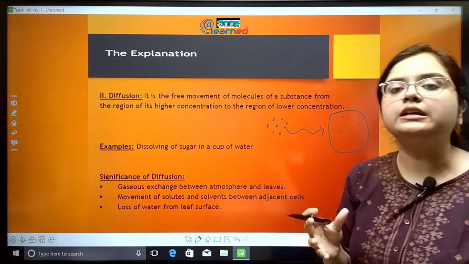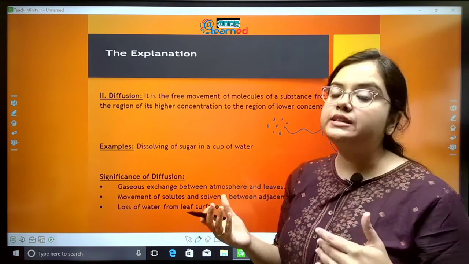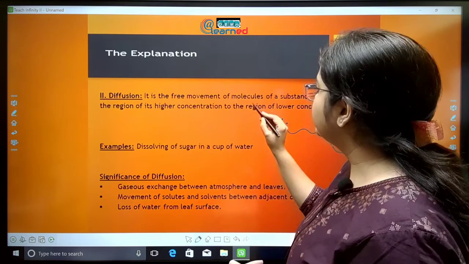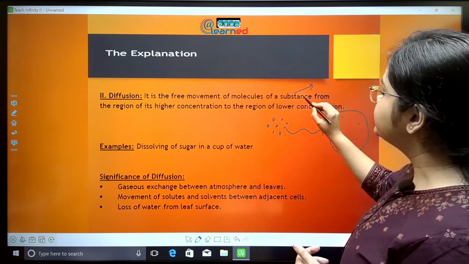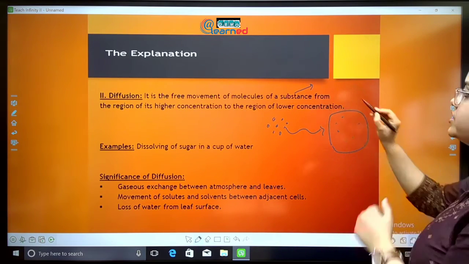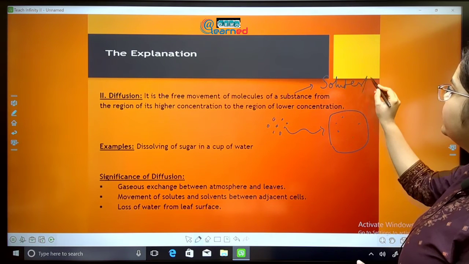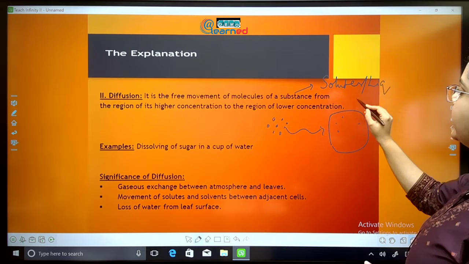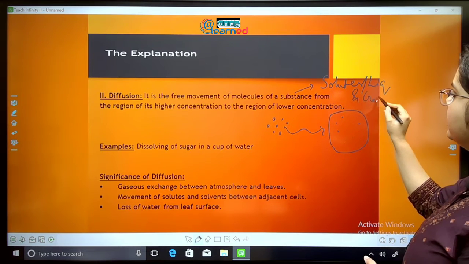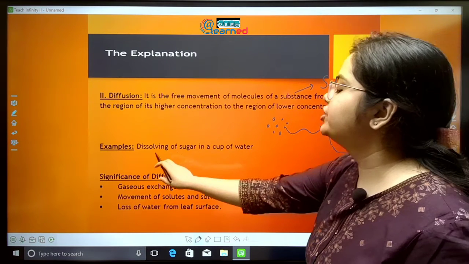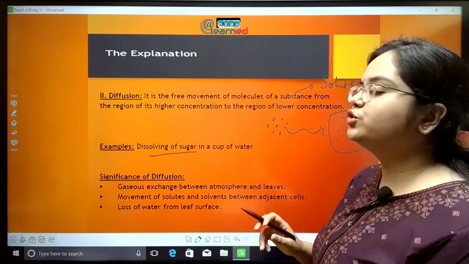Diffusion can happen in solids, in liquids and in gases. So you can very well write that diffusion is happening in solutes, liquids and gases. You can also give the example of dissolving of sugar in a cup of water.